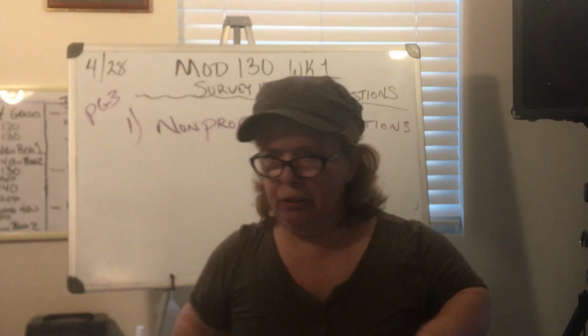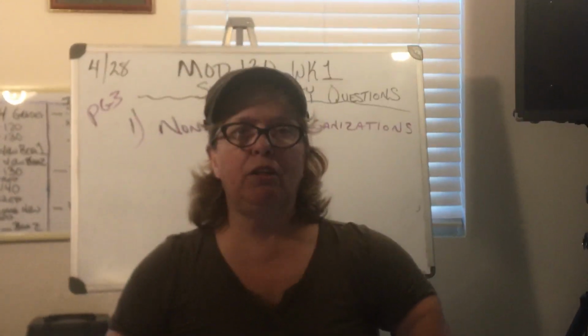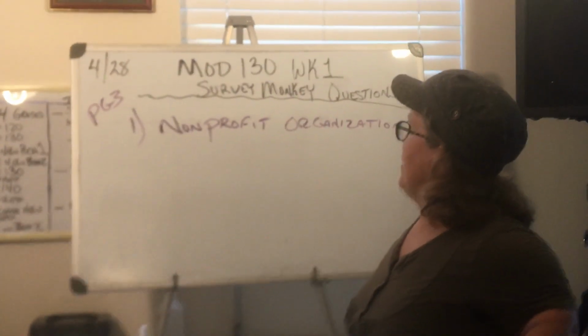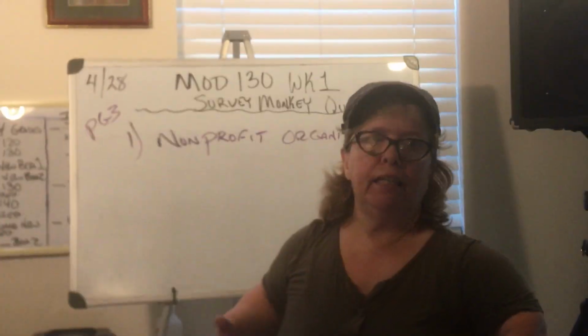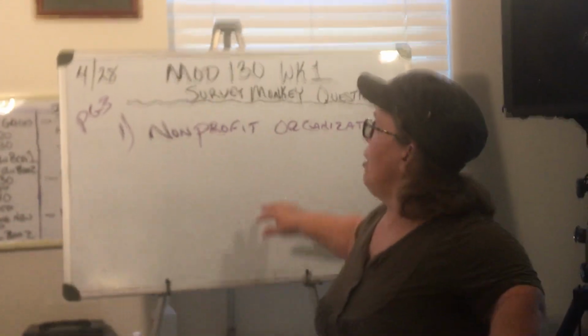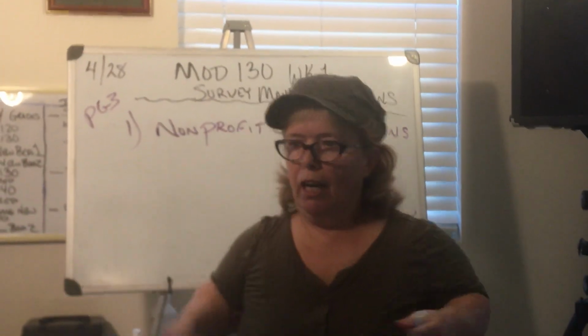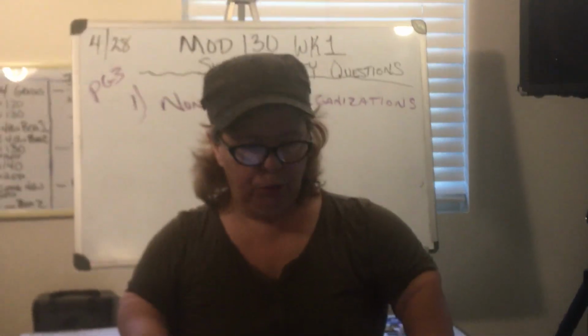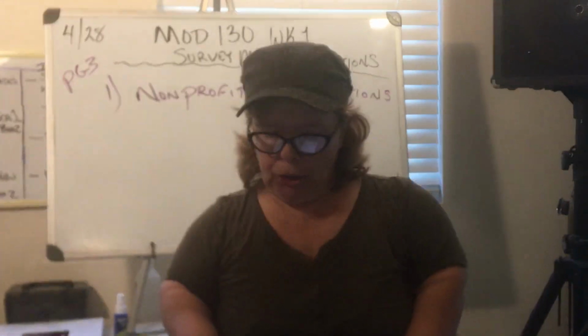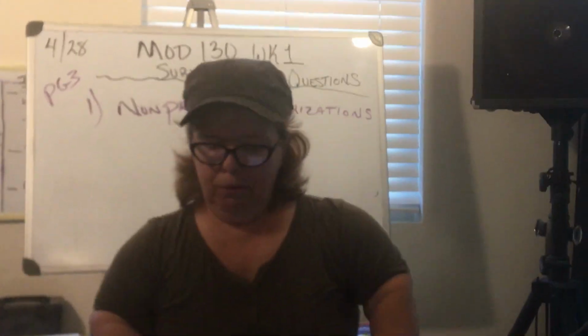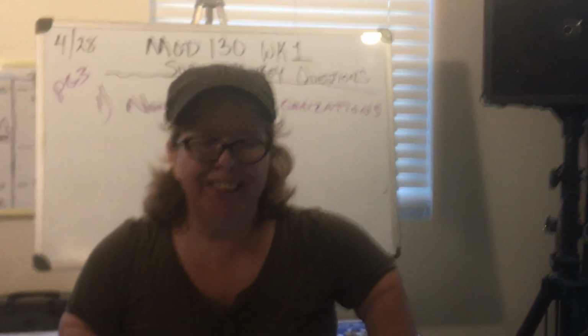Feed the Children, Habitat for Humanity, all these are nonprofit organizations. So they have to follow certain rules, again, not make a profit, but also they have to stay away from politics and several other things that are required of them. Again, there's a lot of corruption here, but on paper, nonprofit organizations.